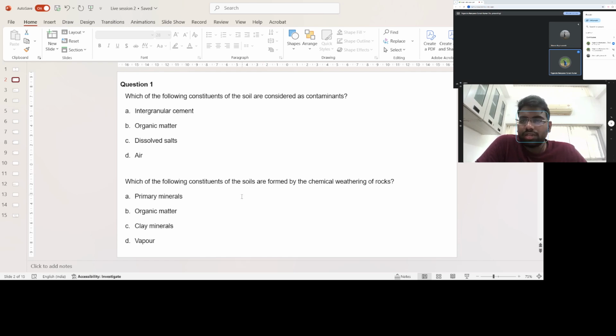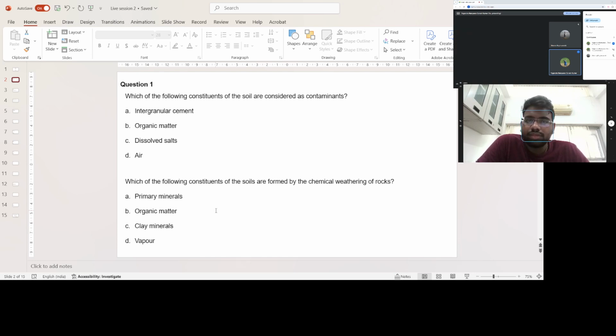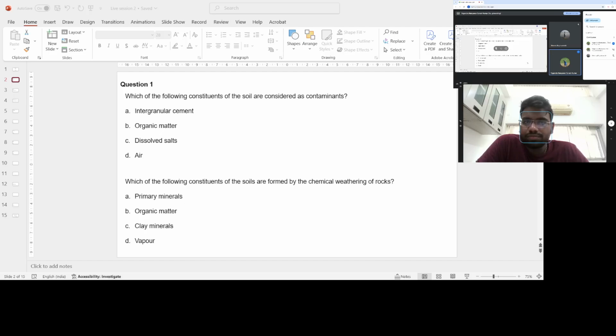Option B, organic matter. Option C, dissolved salts. And option D, air. Any answers?